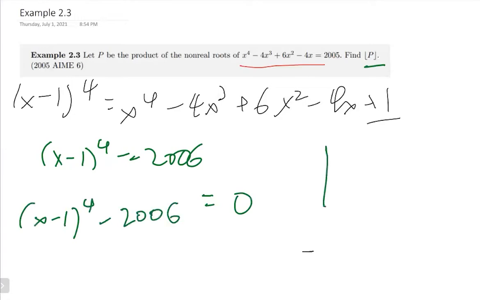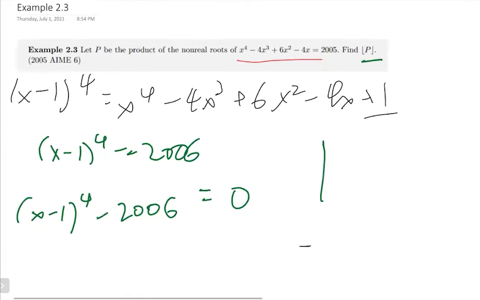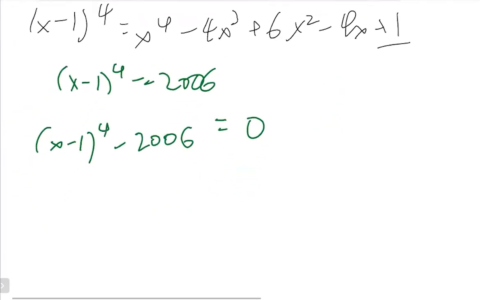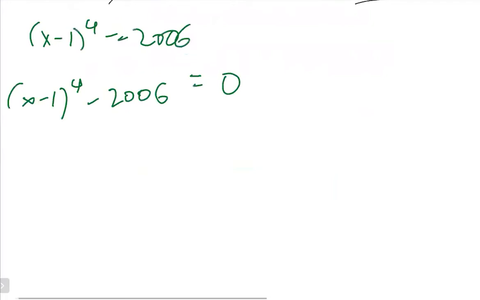And then you can do a difference of squares. Now you notice that 2006 is not a perfect square, but that's not what we want to find, right? What we want to find is the product of the roots. So let's continue.